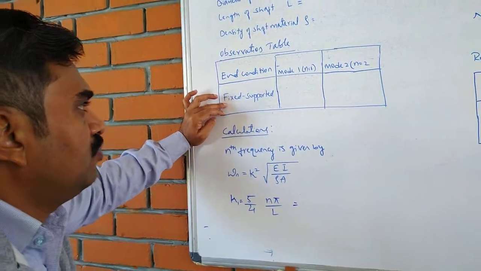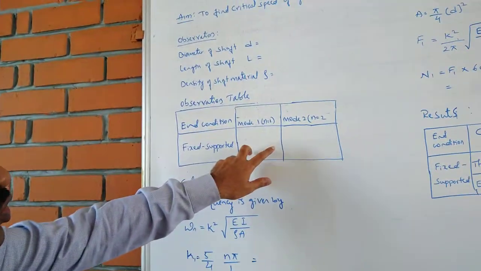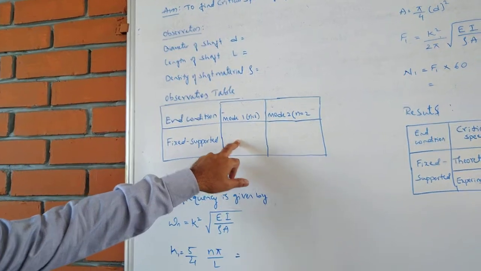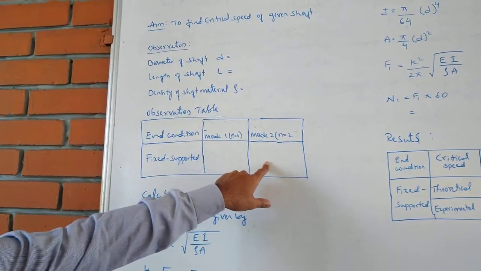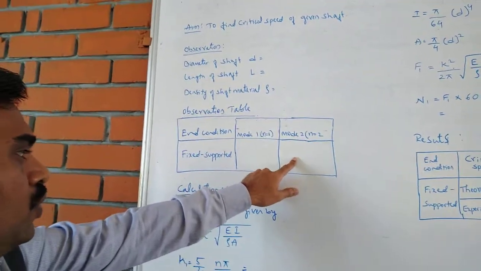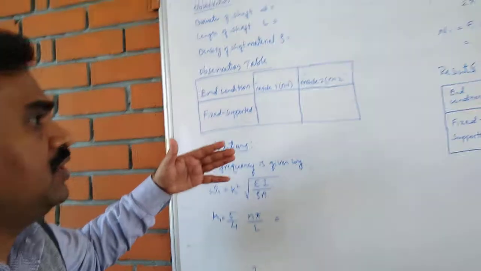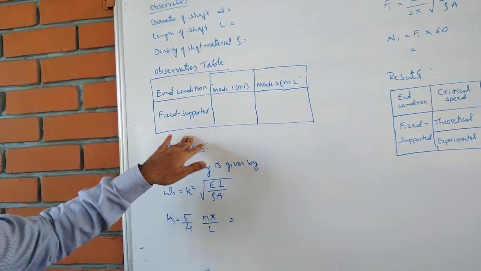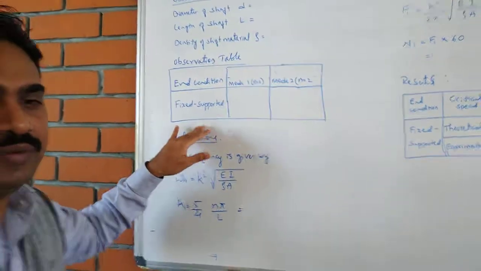And for that we are going to note down two speeds: at mode 1, when it forms a single loop, and the speed of the shaft when it has two loops, which we call mode 2. Later we have a calculation part that will come after the conduction of the experiment. Let's move to the conduction of the experiment.